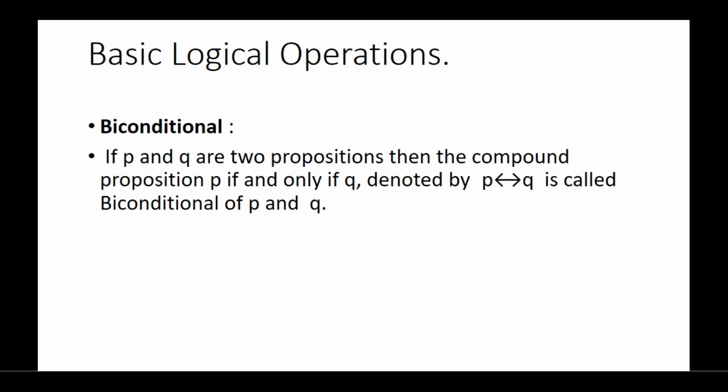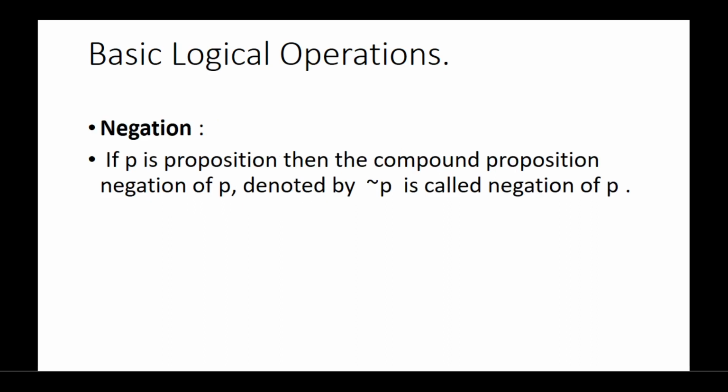If P and Q are two propositions, then the compound proposition P if and only if Q is called the biconditional of P and Q. So these are the four main logical connectives: and, or, if then, if and only if.